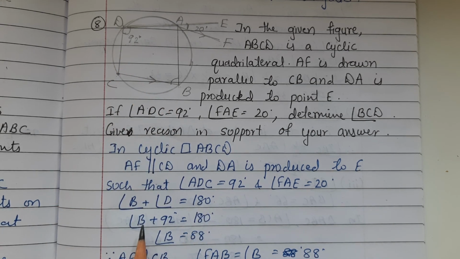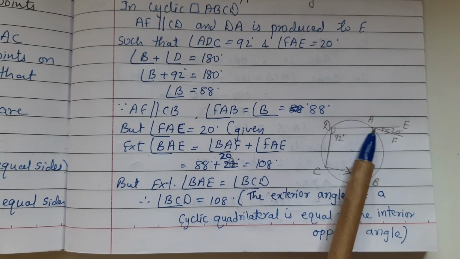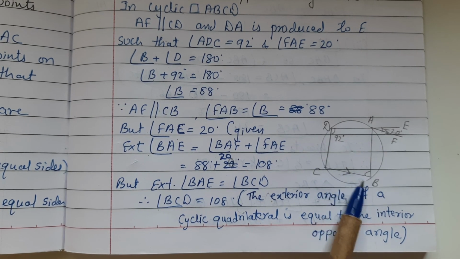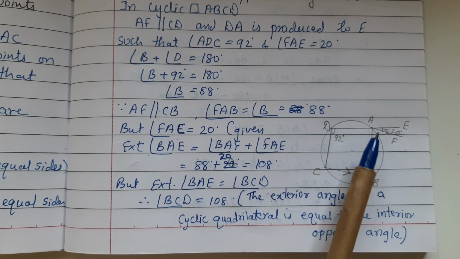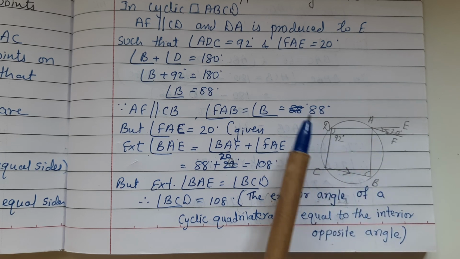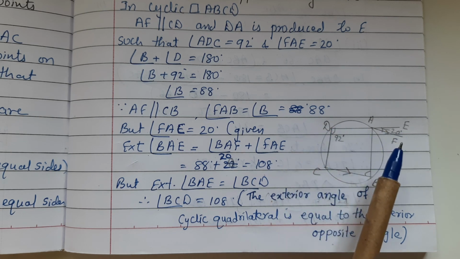Therefore, angle B is equal to 180 minus 92, angle B equal to 88 degrees. Since AF is parallel to CB, angle FAB is equal to angle B, which is equal to 88 degrees. But angle FAE is 20 degrees.